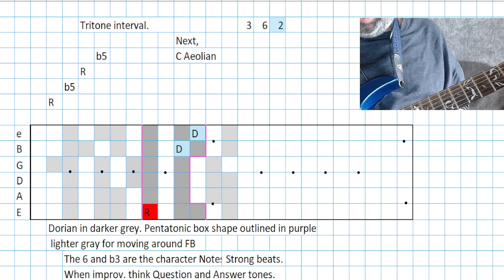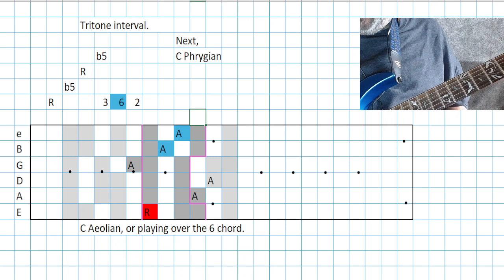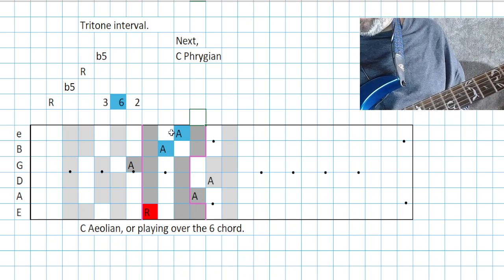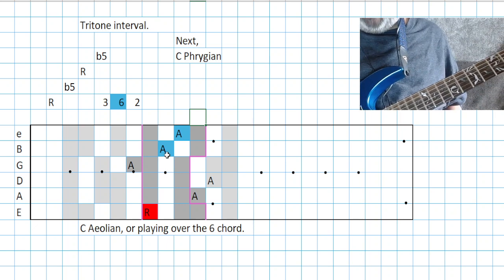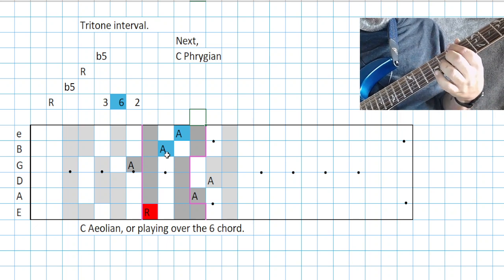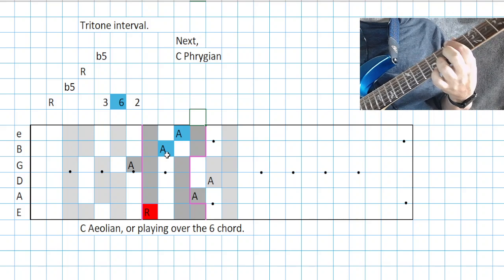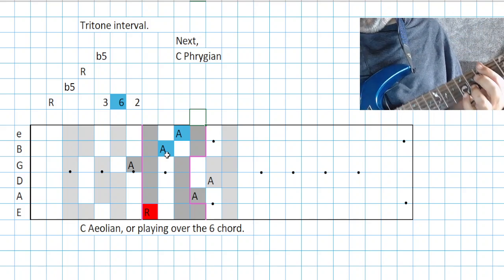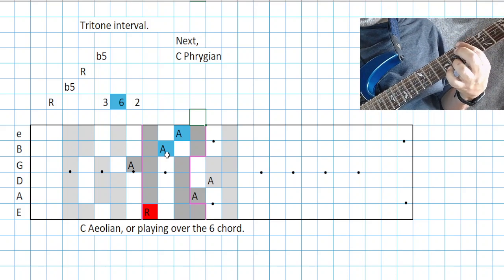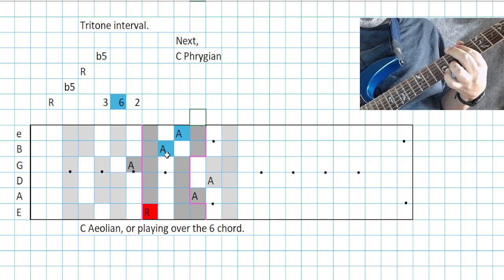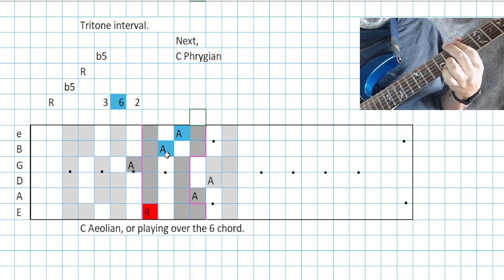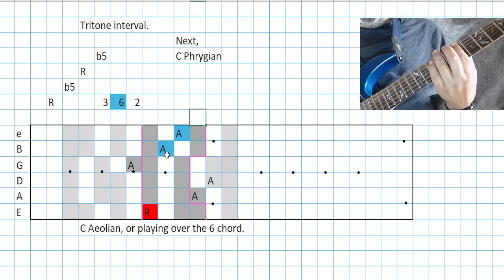Just loosely speaking there. So Aeolian. Now in the middle here is when you do this Aeolian shape, and of course you're thinking, well, I guess that makes total sense. It is Aeolian. We are actually playing Aeolian, so wouldn't we need the Aeolian shape? And as a matter of fact, you might even think like I did, oh, wait a minute, I already kind of knew this. This is minor pentatonic.